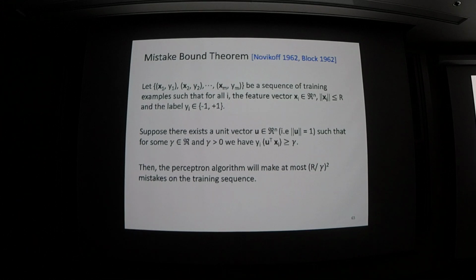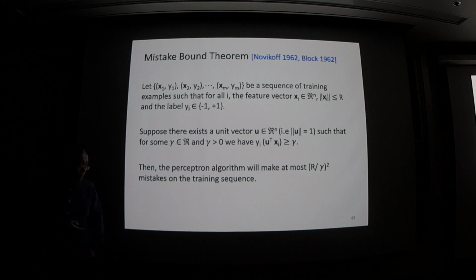It assumes that, first, every input vector in your data set has length upper bounded by some value R. And second, there exists some unit vector which can well separate your data set. Of course, if your data set is linearly separable, such a unit vector must exist. And it has an associated margin gamma. Then we can claim that the perceptron algorithm will make at most R over gamma, squared, mistakes on the training sequence.